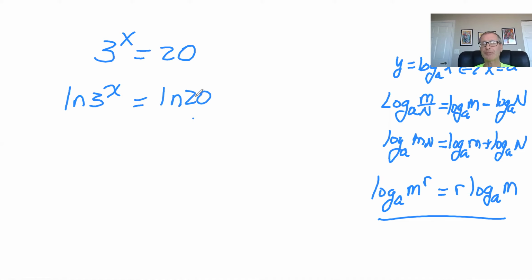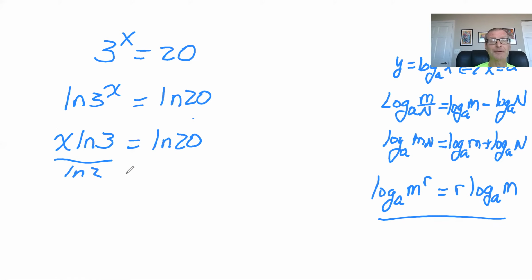So now what happens? Now we could use the power rule property of logs, and guess what? We can bring the x out, and now you see we can do some normal algebra. And the beauty of this is, remember, log of 20 is just a number. So if you divide both sides by natural log of 3, you would get x equals natural log of 20 over natural log of 3.